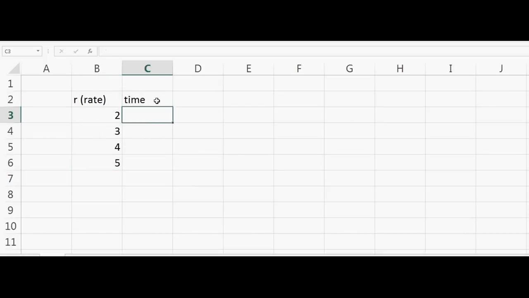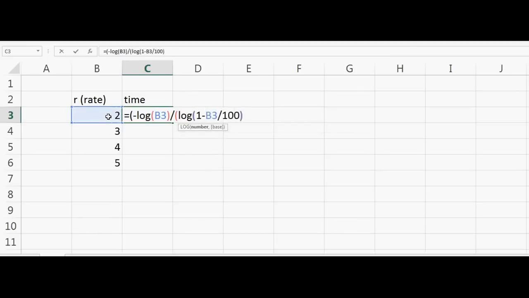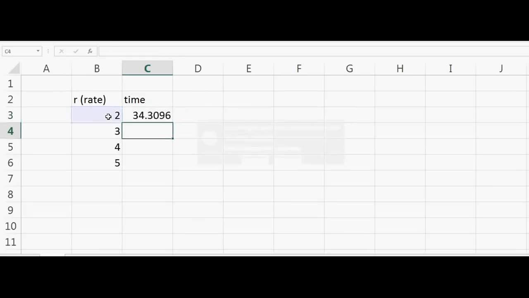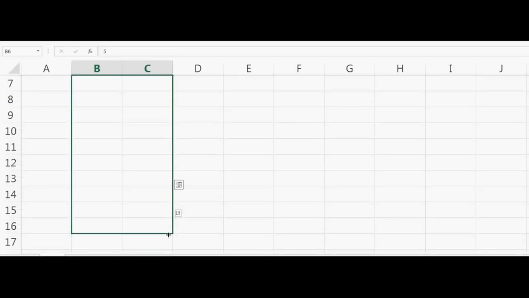So time for your money to become half will be equal to minus log of rate divided by log of 1 minus r. I'm dividing it by 100 because it's in percentage, and that's your time. You can keep copying this formula until 15.